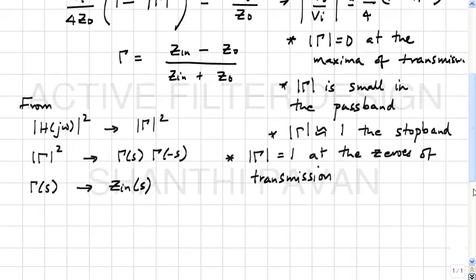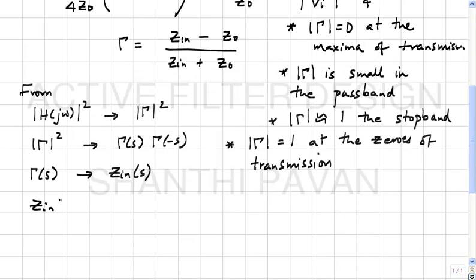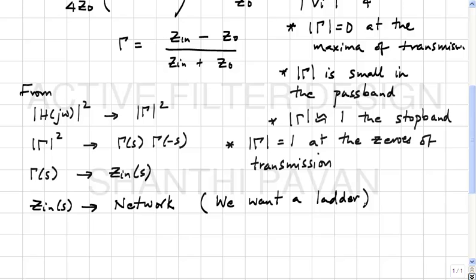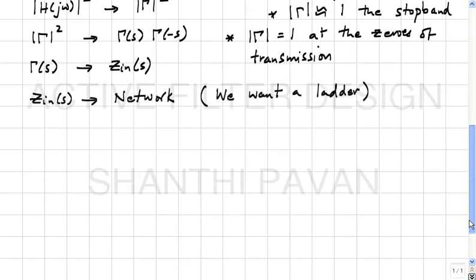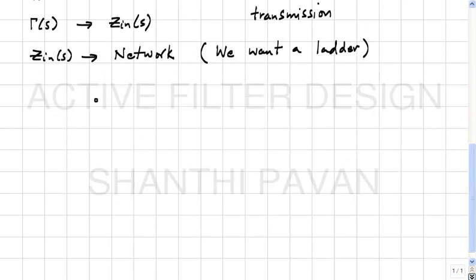From Zin of s, you find the network, right? Given that we want a ladder. All right. Okay. Now, how did we do the ladder? This was the source.